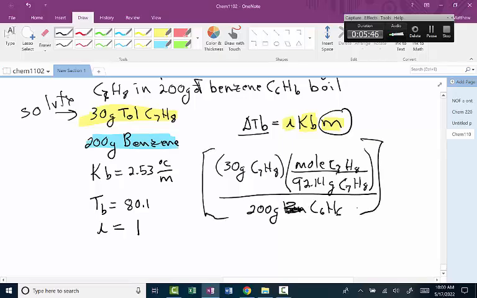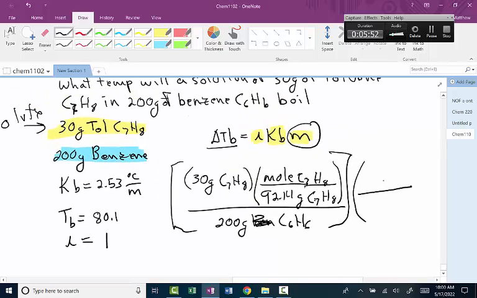All I got to do is convert the grams of benzene to kilograms. So 1,000 grams of C6H6 per 1 kilogram of C6H6. That's the molal unit, moles per kilogram.